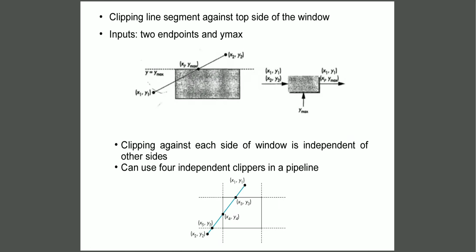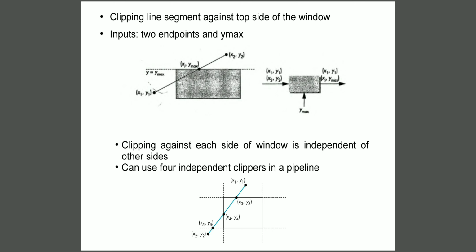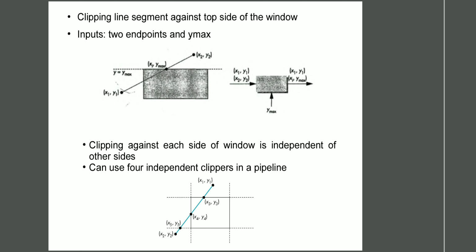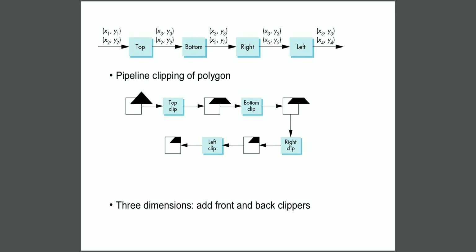Looking at the complete line segment from x1 y1, only the part between x3 y3 and x4 y4 is visible, and that is what we got after applying all four clippers, top, bottom, right and left. This is nothing but the clipping of a line segment using four independent clippers: top side, bottom side, right side and left side clipper.